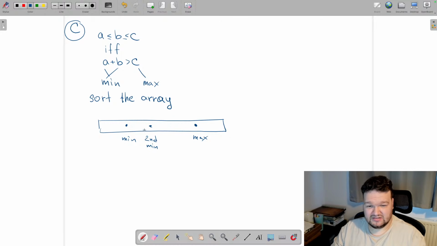Then the picture like this doesn't really make sense because we didn't take any of those numbers. But we can instead of taking this smallest number, take the closest one to the left of the second smallest number. So instead of taking this one, let's take this.